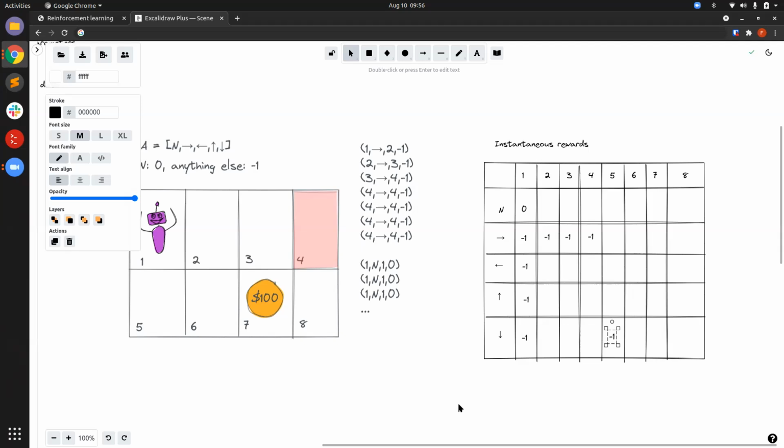Now notice that for state 1, I have the entire column filled in. So I know the instantaneous reward of any action given that I'm in state 1. What should I do the next time I land at state 1?